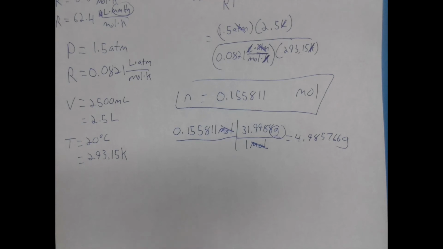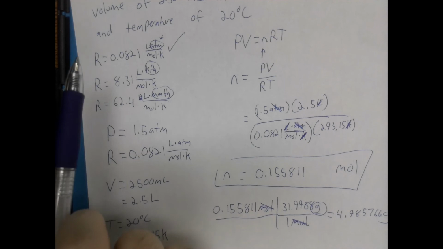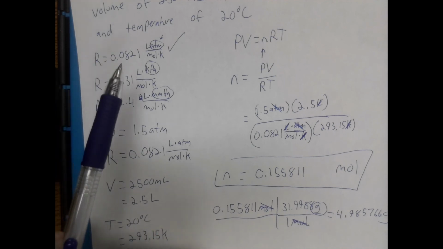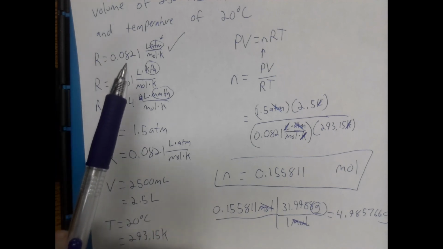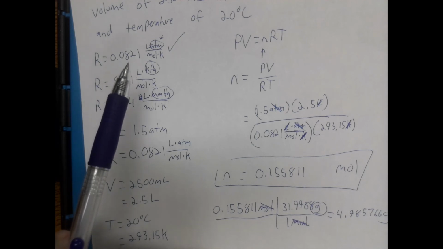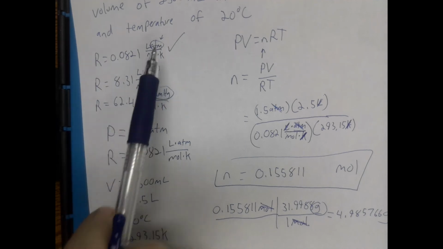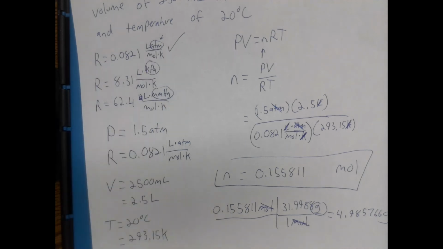Another thing that tells you which R you should use is if I were to say you have 5 grams of O2, find at what pressure in atmospheres of pressure, then you would have to use the R that uses atmospheres. Or if I said find in millimeters mercury, the pressure, then you'd have to use this one.